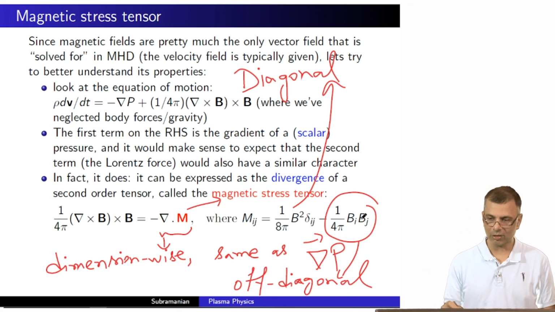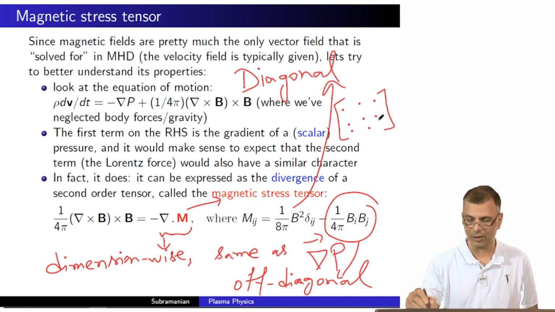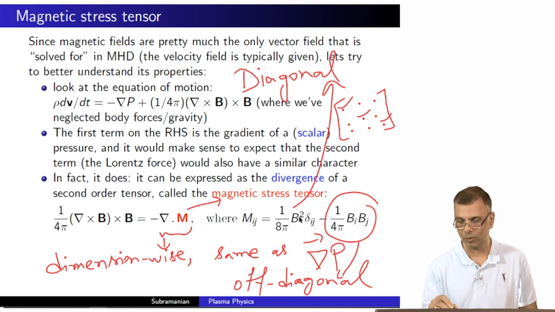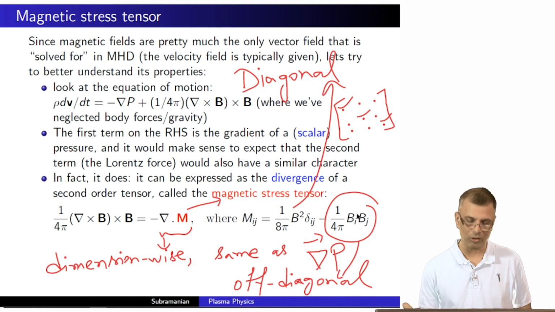So the stress tensor would essentially be a matrix like that. The diagonal terms are given by 1 over 8 pi B squared, and the off diagonal terms would be given by Bi Bj, where, suppose this is x, xx, xy, so the xy would be Bx By, and this would be xz, so that would be Bx Bz, and so on and so forth.